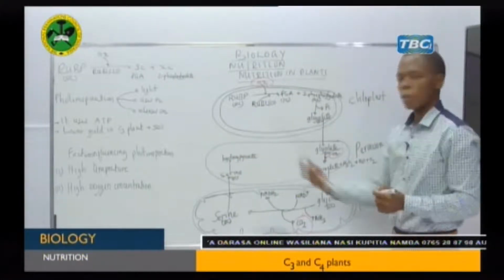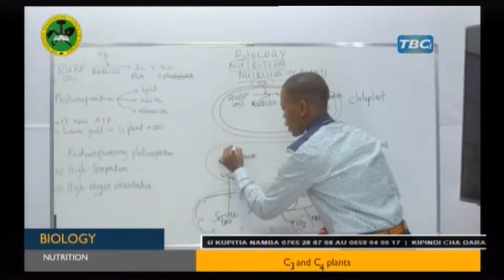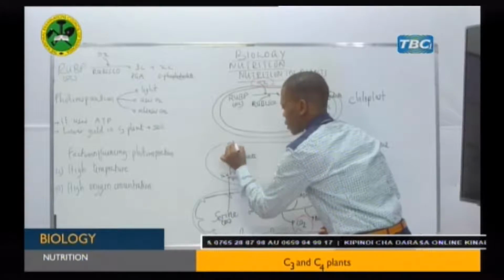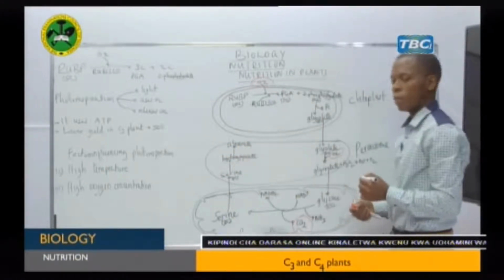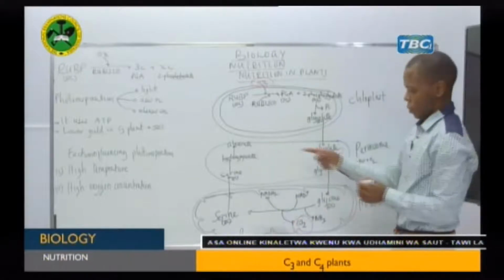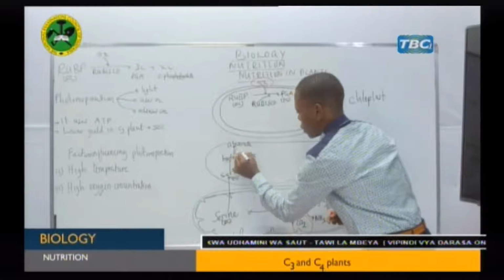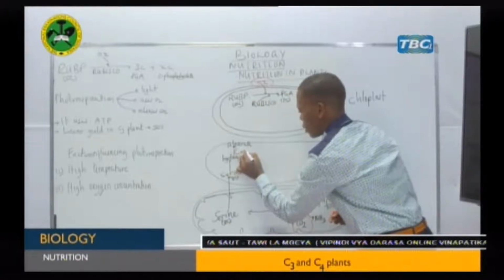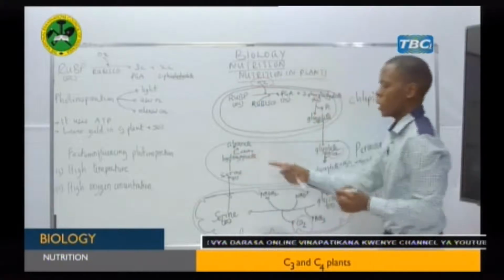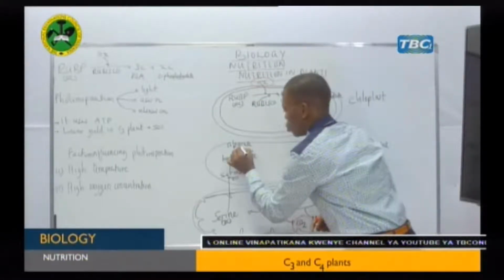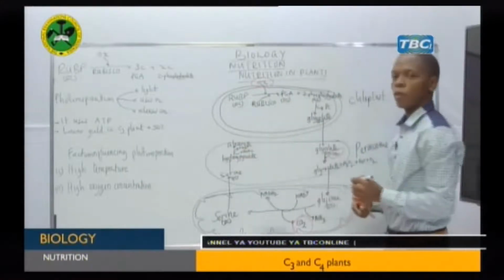Again, this hydroxypyruvate is converted into another product known as glycerate. NADH2 is used to convert this hydroxypyruvate into glycerate, from NAD positive.